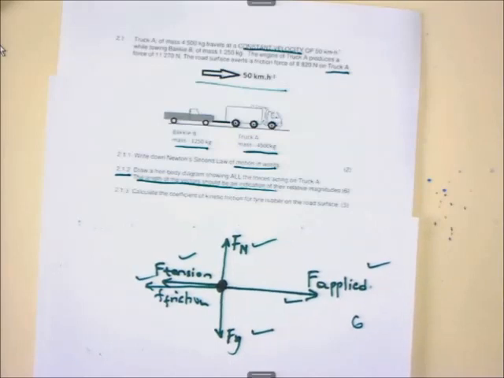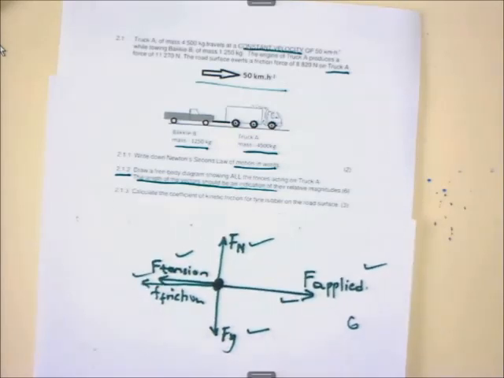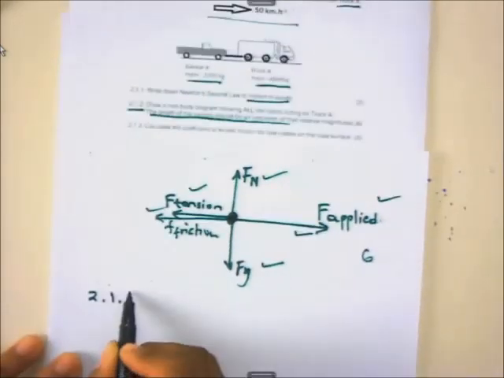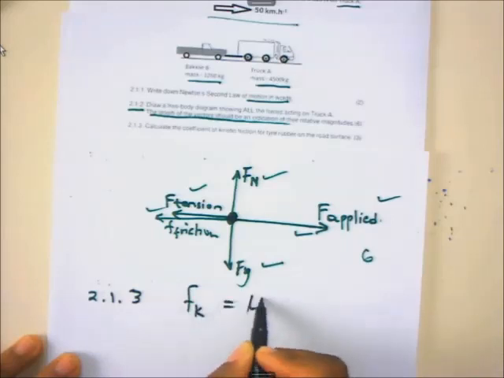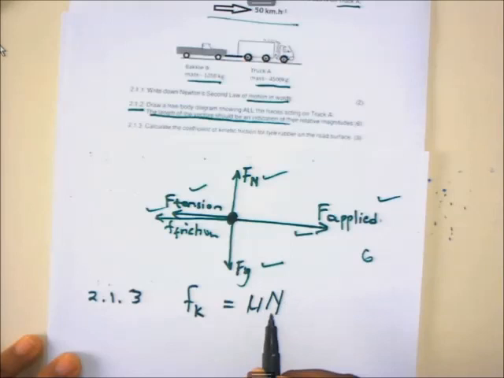Then the next question says, calculate the coefficient of kinetic friction for tire rubber on the road surface. Now, when we calculate the coefficient of kinetic friction, it's number 2.1.3. Kinetic friction is equal to the coefficient times the normal force.